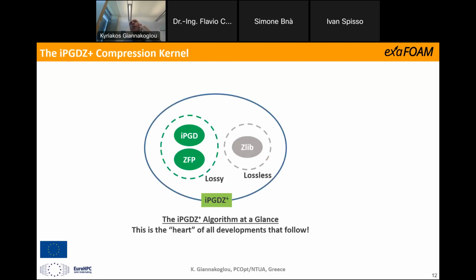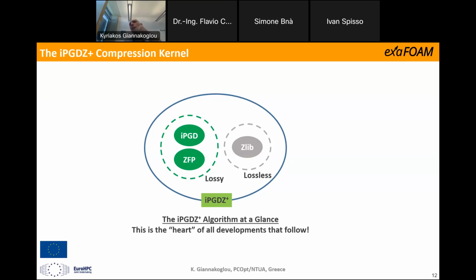Before going further, I have to introduce the so-called IPGT-Z+ compression kernel. What is this? This is a combination of three techniques. Their names are incremental proper generalized decomposition, or IPGT in short, and ZFP, both of them, you see them in green here, are lossy compression techniques.